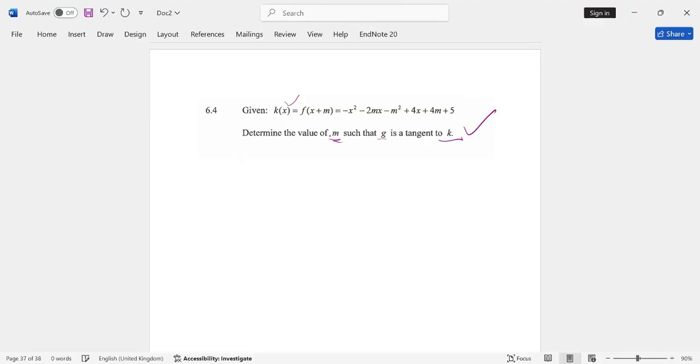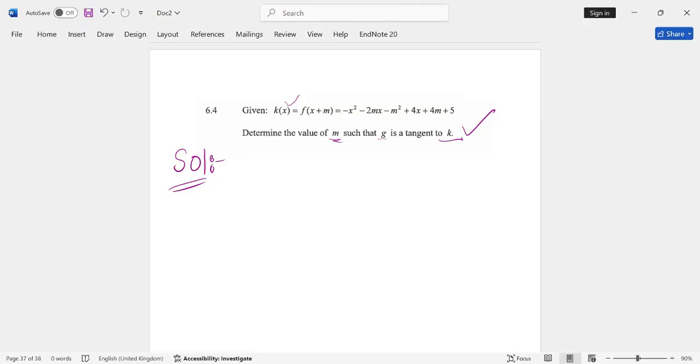So k of x is the function f of x shifted horizontally by minus m units. If g of x is tangent to k of x, they must intersect at exactly one point. So when we set k of x equal to g of x, the resulting quadratic equation has a discriminant delta equal to 0.